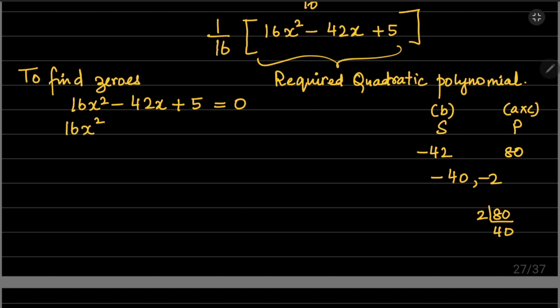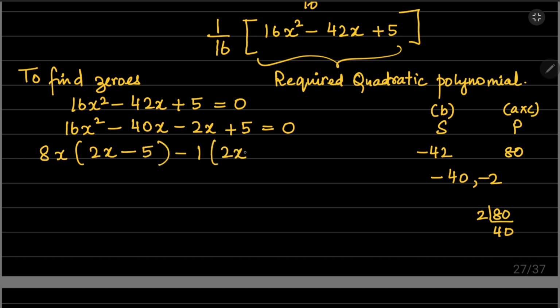Let's substitute: 16x square minus 40x minus 2x plus 5 equal to 0. So take 8x common out. So you'll have 2x minus 5, again minus 1 common, 2x minus 5 equal to 0. So what do you have? 2x minus 5 is the common factor.